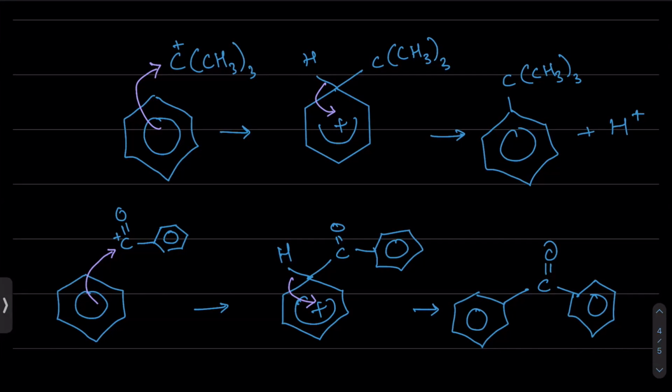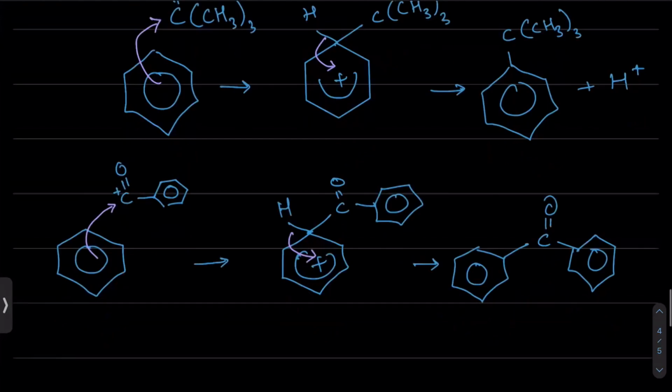Do we use a catalyst? Yeah, we use a catalyst because we need to somehow break the bond heterolytically. And catalysts usually help us in doing that. So here's how we generate most of the electrophiles. Most of the electrophiles, not all of them. Okay.